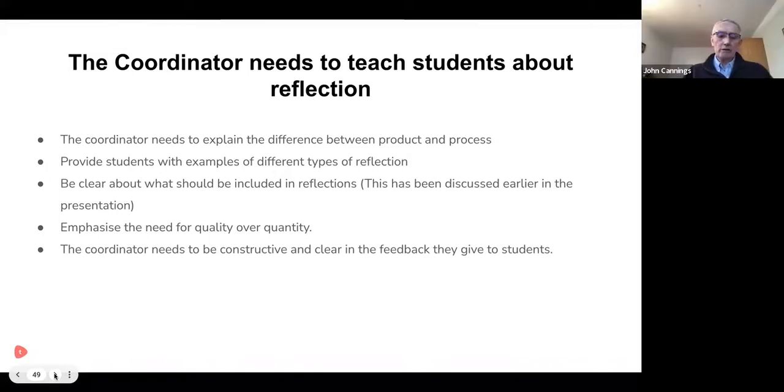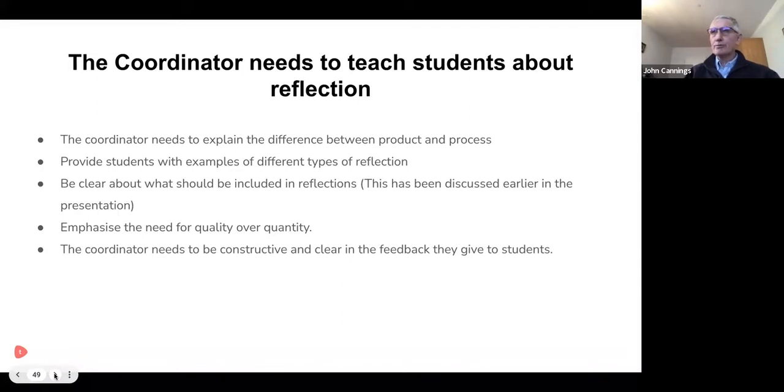Okay, so I think one of the things which I've stressed throughout this is the importance of teaching students about reflection. And one key thing here is we deal with the process of reflection almost on a daily basis with students for CAS. And that is, we answer their questions, we get them to think, we probe them about what they want to do.